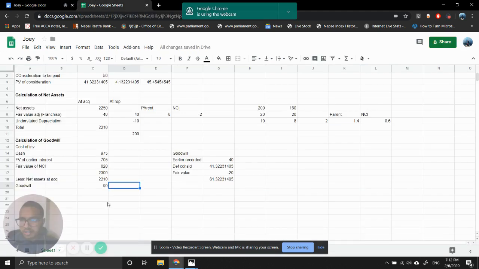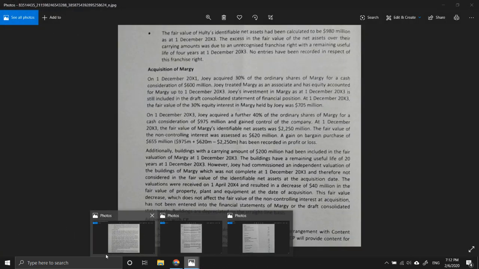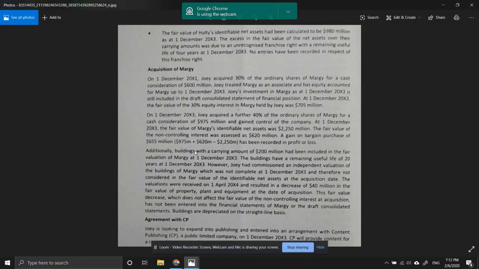So what has happened is that, so goodwill was 90, right? So what they have done is that, what did they do? So what mistake did they do? They calculated a goodwill of this figure, 655. Okay.